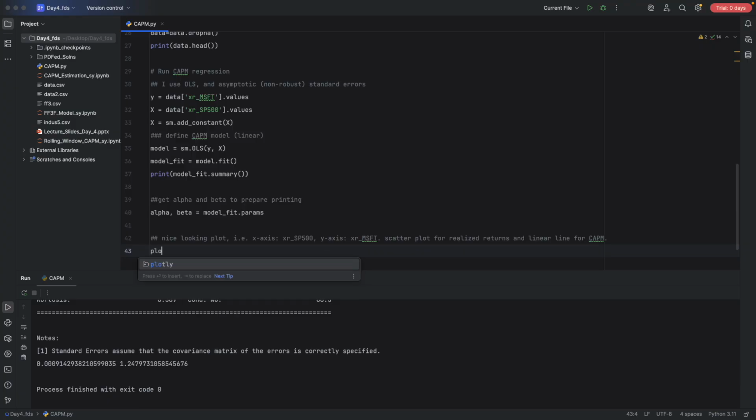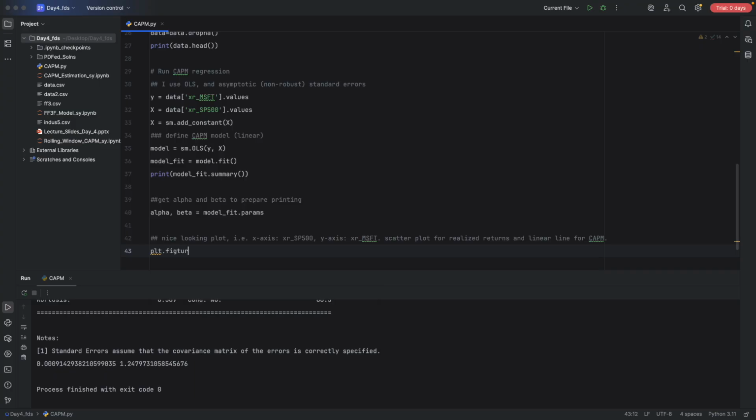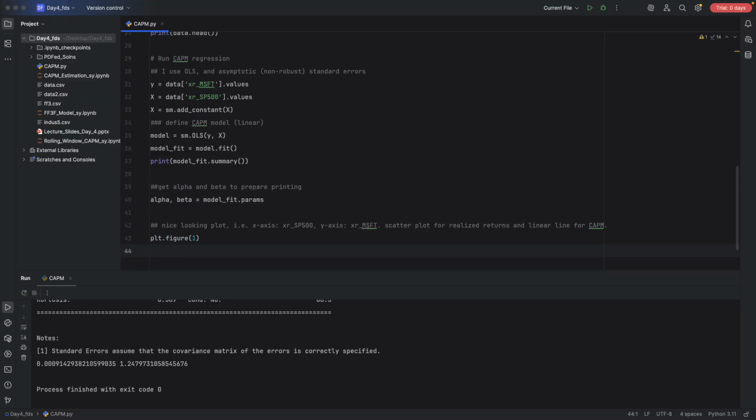So we call plt above. It uses the packages Python or this matplotlib offers. I just say I want a figure 1. First I want my scatter plot. The scatter shall simply be the realized Microsoft and S&P returns for the same points in time.